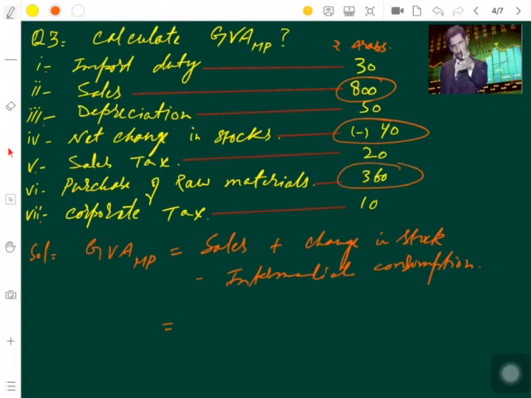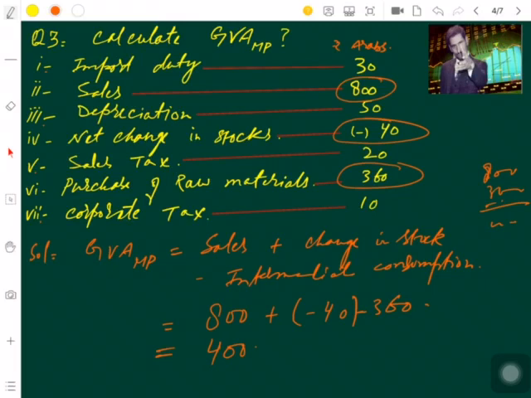So what will it come equal to? 800 plus, it is minus 40, minus 360. That will come equal to 400.